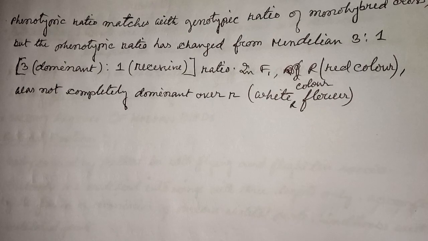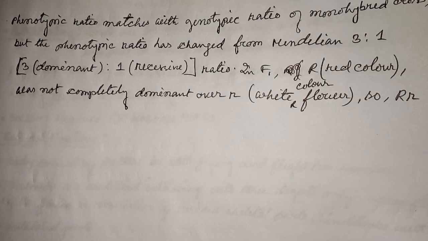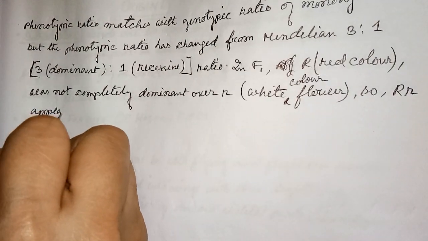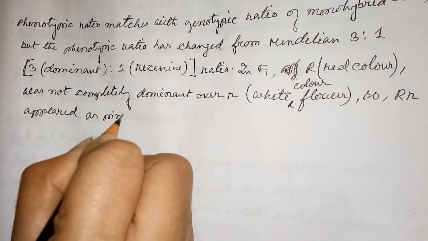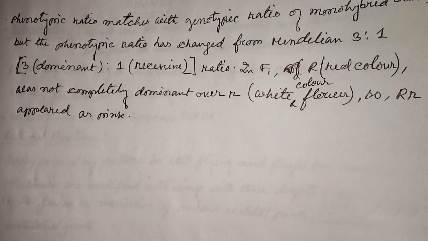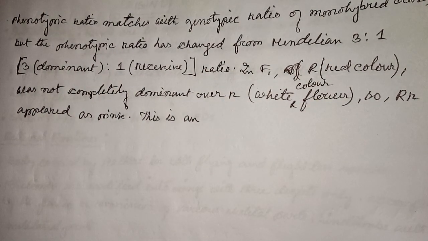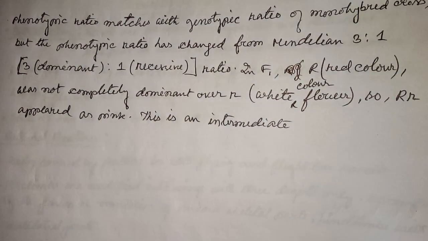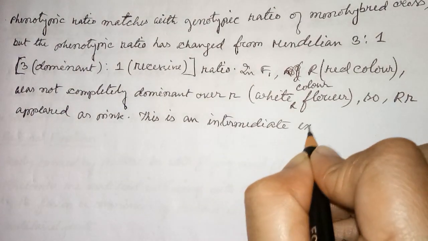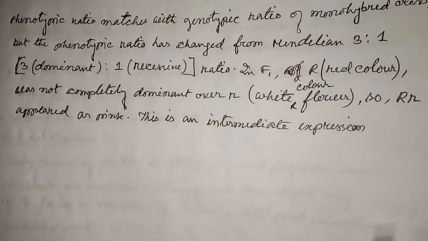So capital R, small r appeared as pink. This is an intermediate expression of the two alleles.